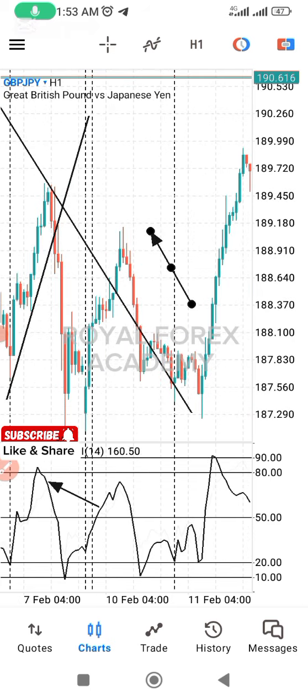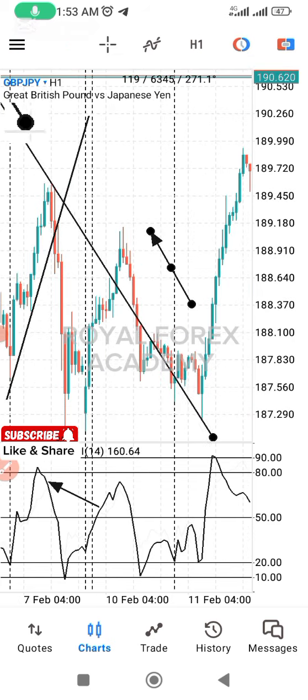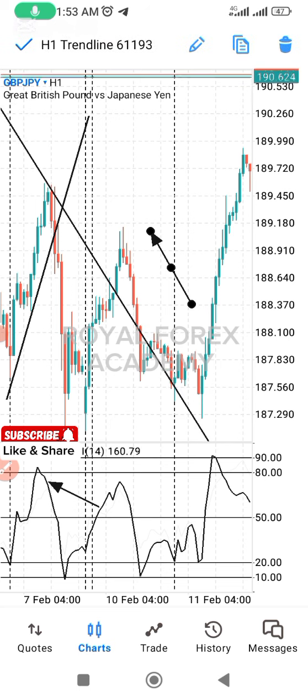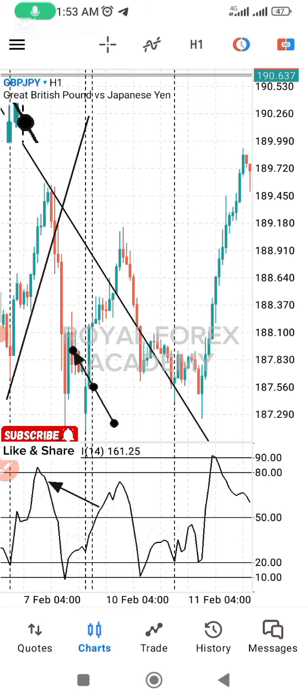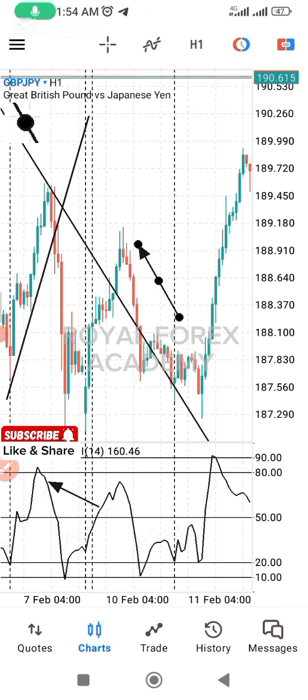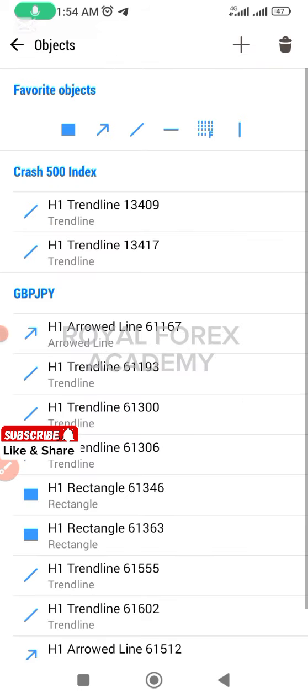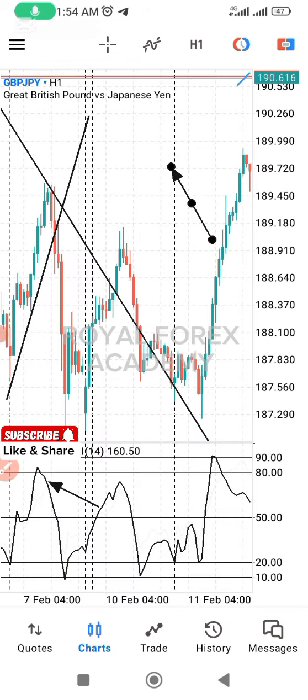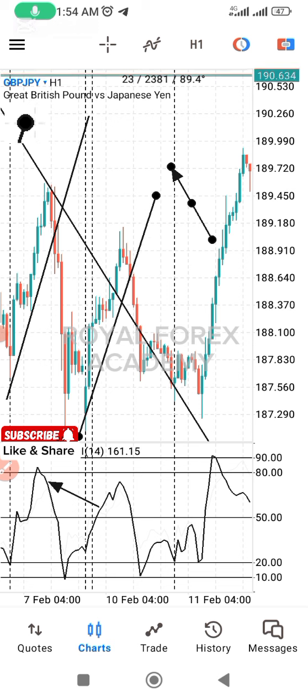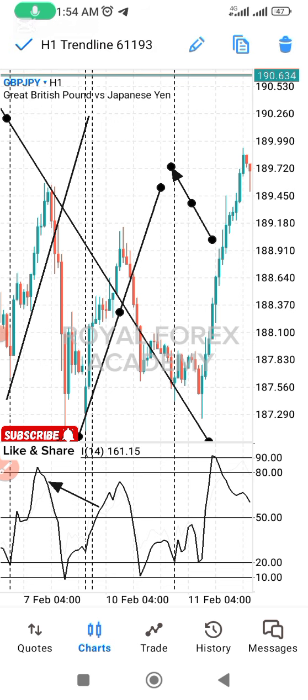And again, we will continue in this direction. So look at what happens here. Price came all the way down again and then pulled back to the upside. And as it is pulling back, pick our trend line again, and here is our markup.